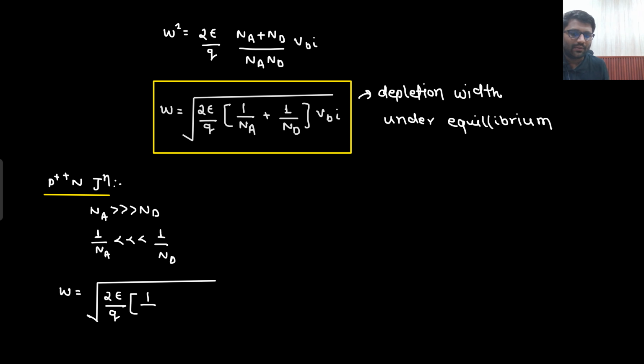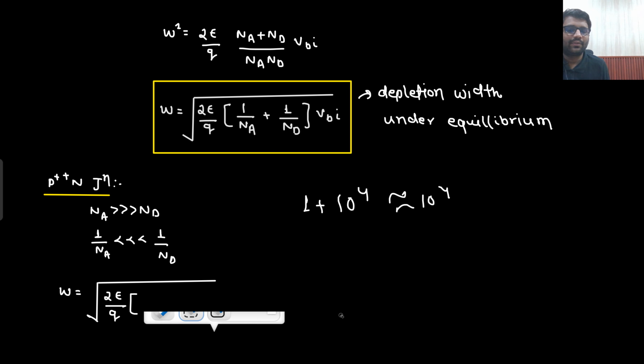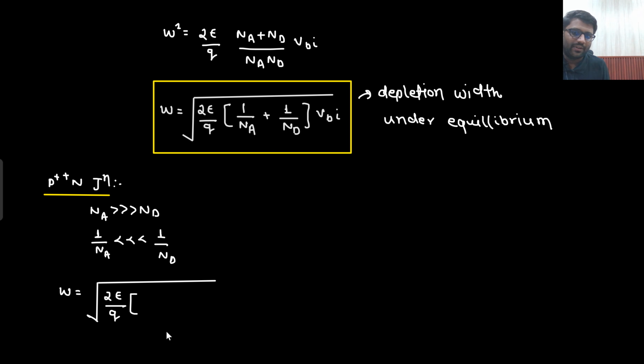What does that mean? Only 1 upon Nd I will get. Basically this value is very much larger than this value. So 1 upon Na could be ignored, no? If Na is very large, that means this value will be very low. So very low plus something, like 1 plus 10 to the power 4, nearly it would be equal to 10 to the power 4 only, no? Right? So this can be ignored. What you will be getting? 1 upon Nd into v built in. So this formula you can get, right?